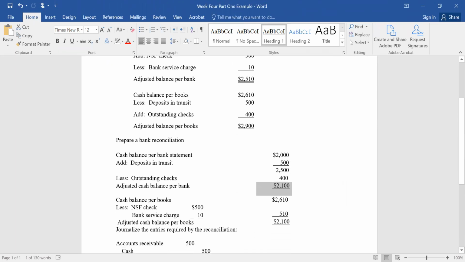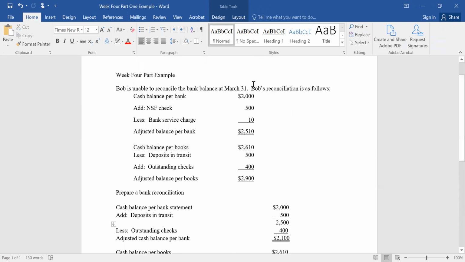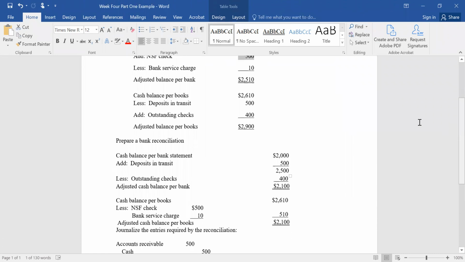Now that, of course, has to end up equaling the adjusted cash balance per books. So for that, we start out with our cash balance per books, which is noted right here, $2,610. We're going to have to subtract from that our insufficient funds check, which is right up here, 500, and also the bank service charge, which is noted right here, $10.